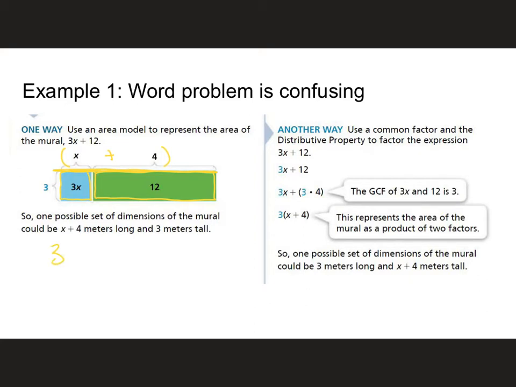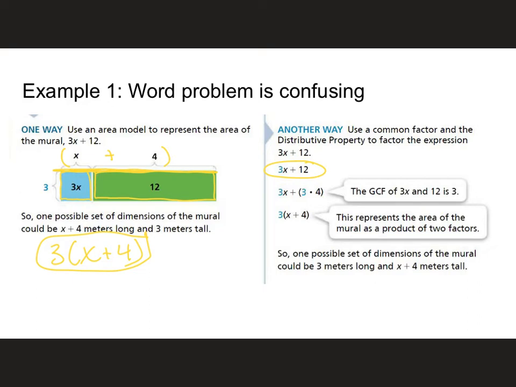So 3 times x plus 4 would be another way to find the area. So this is called the factored form, and this is called the expanded form. And that's what they want to show you. So the GCF is 3.